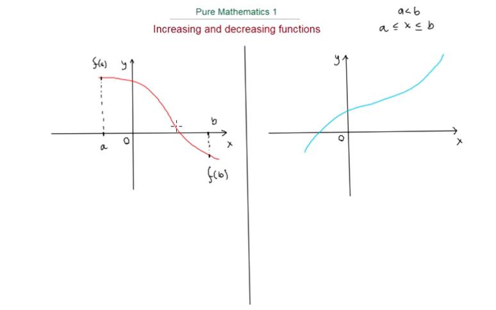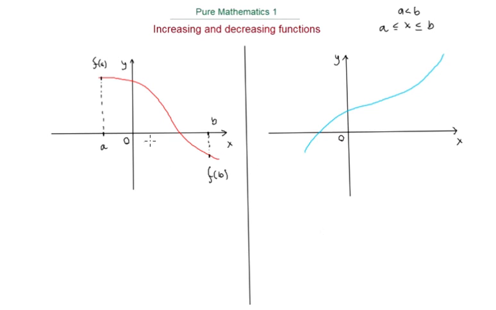So on the left, we've mapped out this interval from a to b, and we have the values corresponding to it, f of a and f of b. So we'll study whether the function is increasing or decreasing in certain intervals. A graph such as the one that we see on the left, we will say that it is decreasing. But how can we express this algebraically?